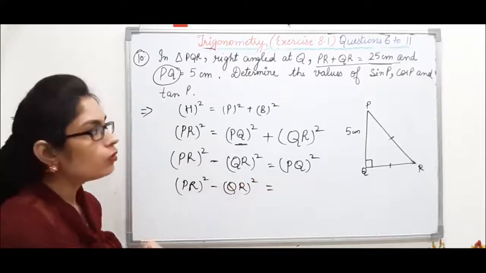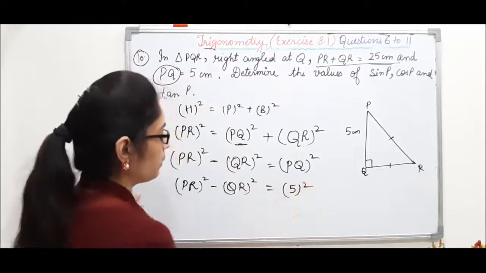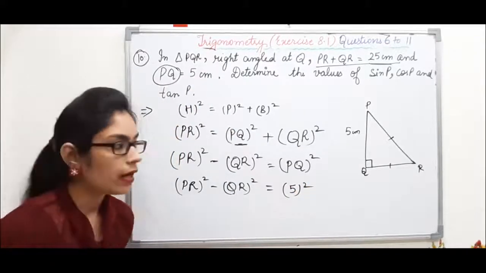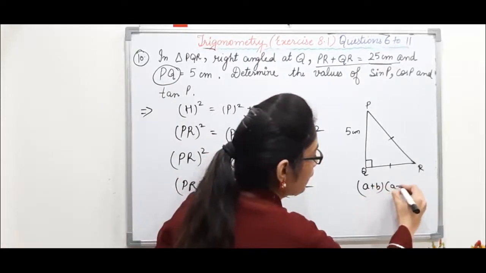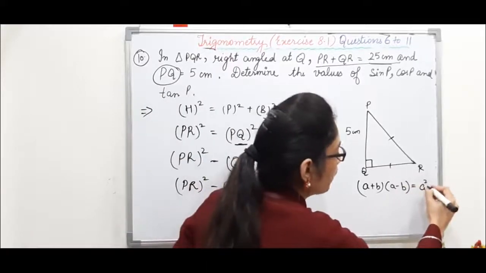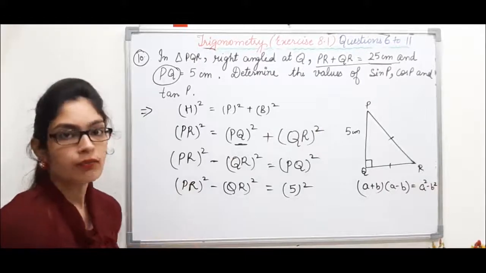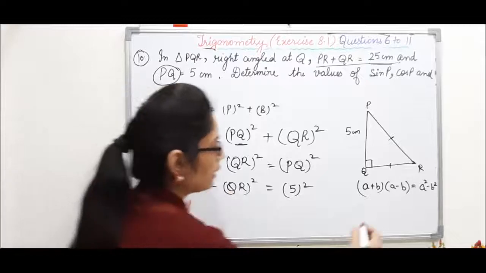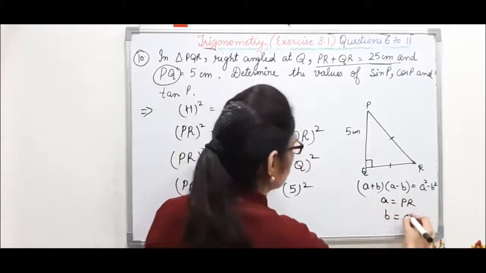We know the value of PQ, it's already given as 5, so we'll write 5 square. In the previous question also we used one algebraic identity, A plus B into A minus B is equal to A square minus B square. Let us assume that A is equal to PR and B is equal to QR.